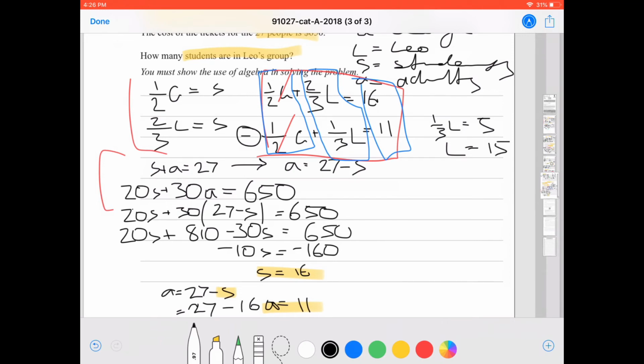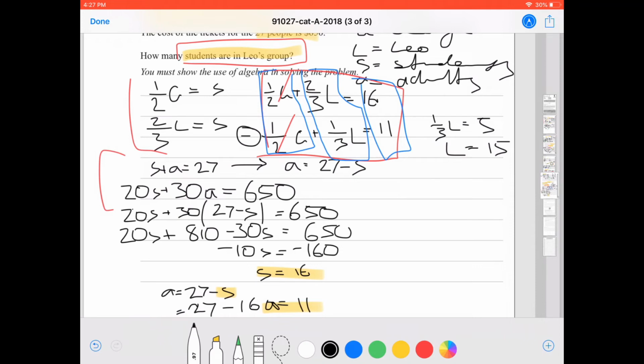And how many students are in Leo's group? So we found the total number of people in Leo's group. Now we need to find the number of students. I was just thinking what the question actually wants us to find: the number of students in Leo's group.